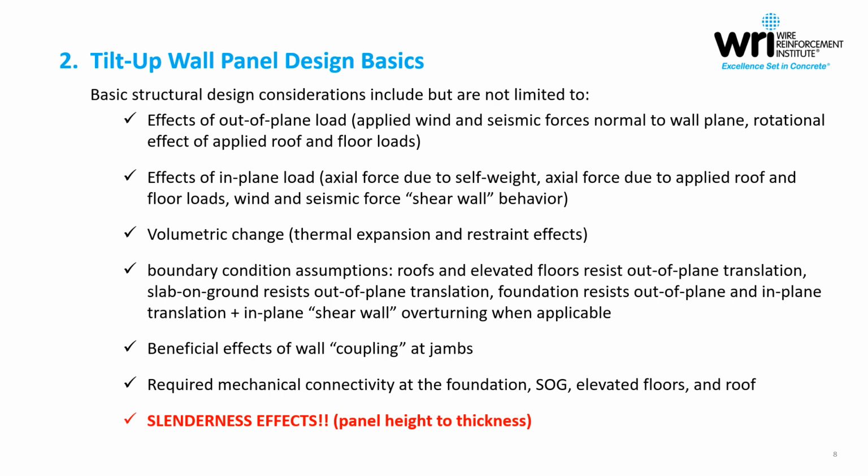There is, of course, a beneficial effect of coupling walls together at jambs, so there's a connectivity there that can occur, and you can get some benefit out of wall panels that are aligned in a row from a stability standpoint. And then, there is a pretty significant focus on mechanical connectivity of the panel at the foundation, at the slab on ground, elevated floors, and the roof.